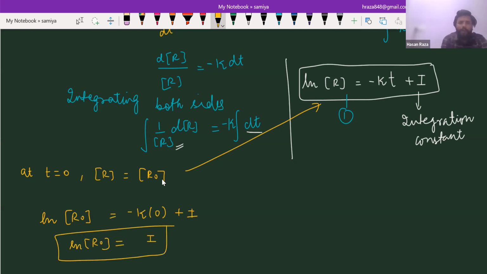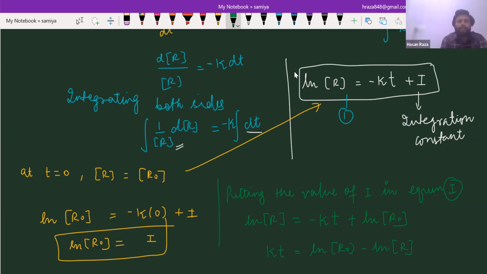Now I am going to put this value of I in equation 1. In equation 1, you know it will be ln R, and this is equal to minus k into t plus the value of I, which is ln R naught. And again kt will be equal to ln R naught minus ln R.